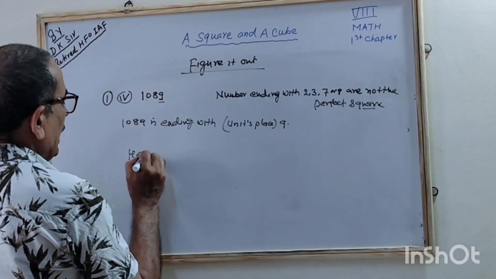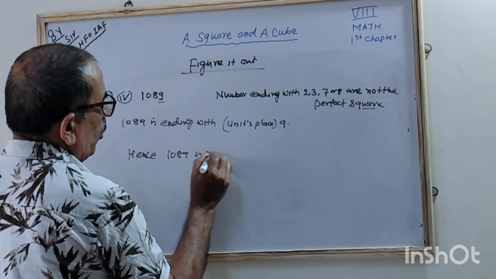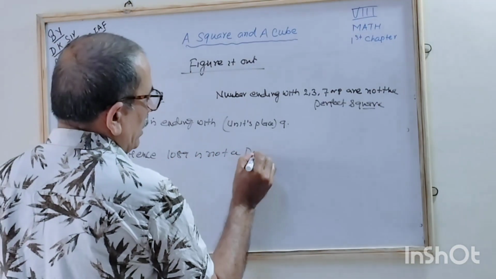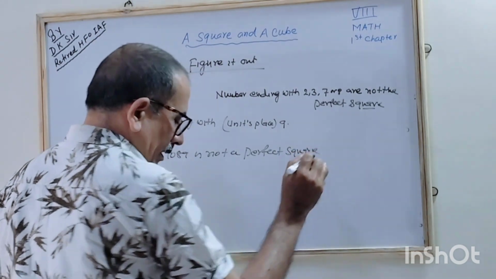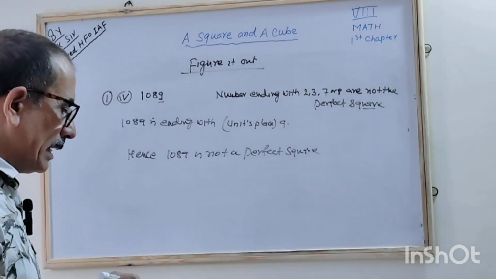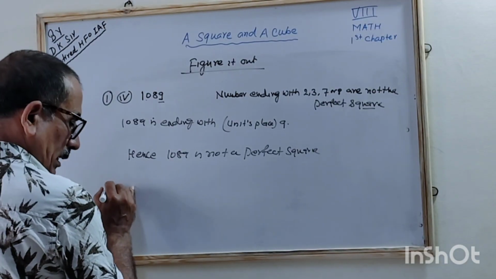Hence, what will we say? Hence 1089 is not a perfect square, understood? So that is the way. There are a few questions, so you will find out. Next we will see question number 2.